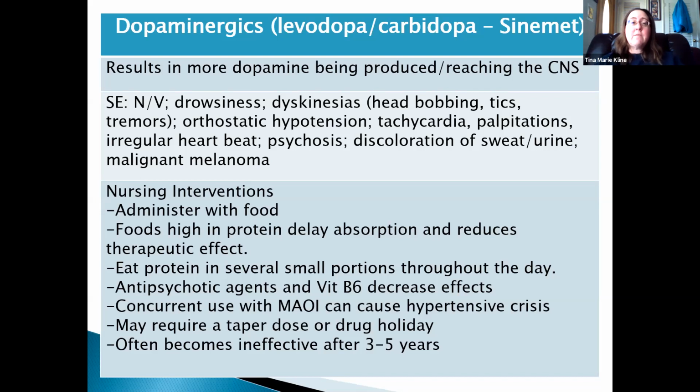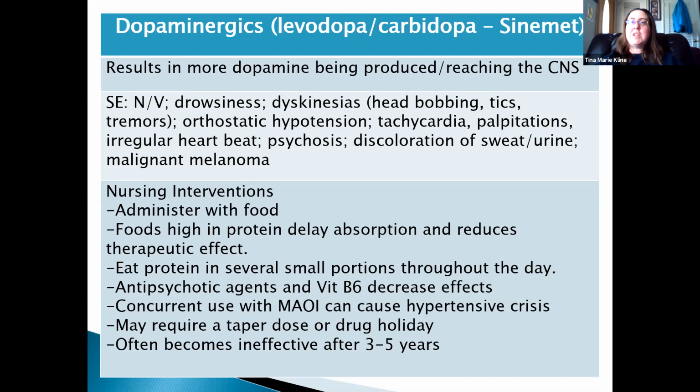Side effects of this, particularly as we get farther into this treatment, you can have drowsiness, you can develop dyskinesia, so they might have head bobbing or some tics. You'll see the return of tremors. The biggest one initially is orthostatic hypotension. So when we start a patient on this medication, it's important that we're watching their blood pressure.